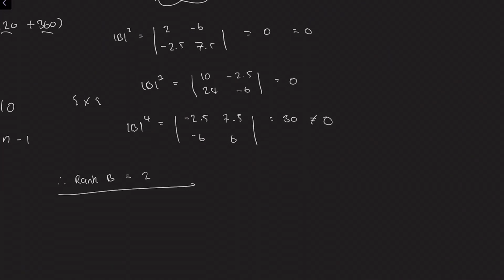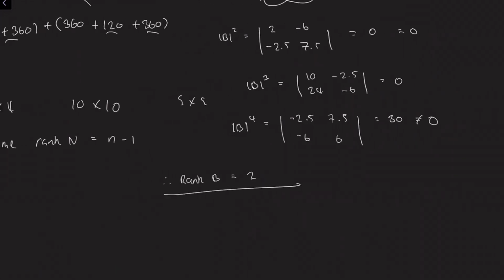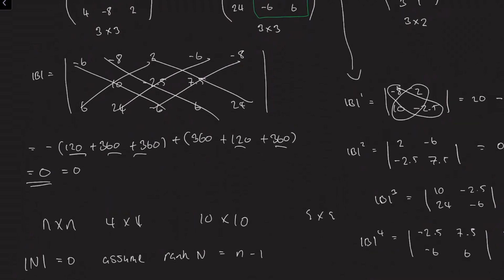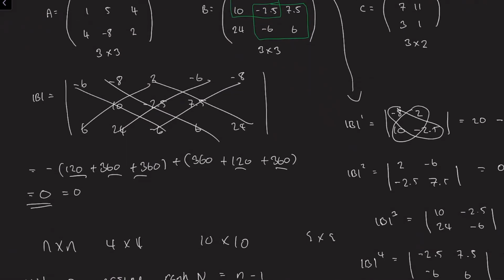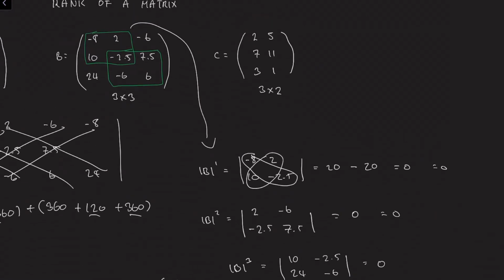Again, just to make sure everyone understands, the reason why the rank is not 3 is because we found with the 3 by 3 determinant that the determinant is equal to 0, which means that we have to assume that the rank of B is n minus 1. So we then move down to find the mini determinants, as I call it, or the minor determinants, and you basically find the determinant of every combination of 2 by 2 within our 3 by 3 matrix.